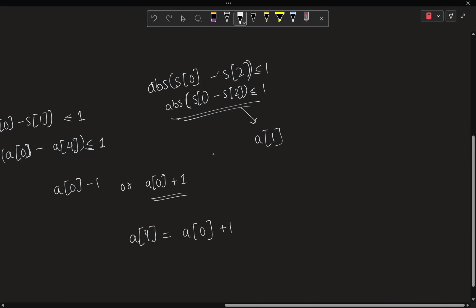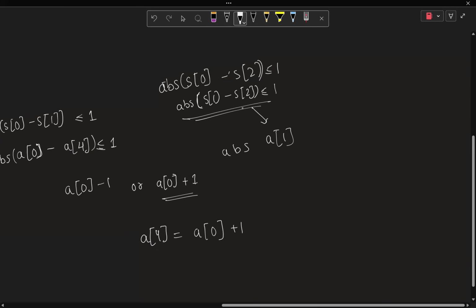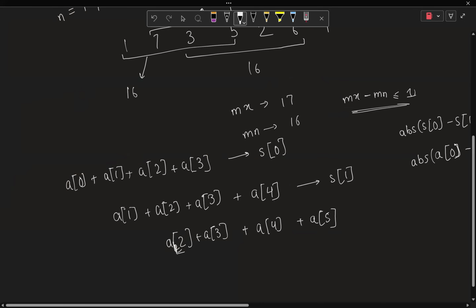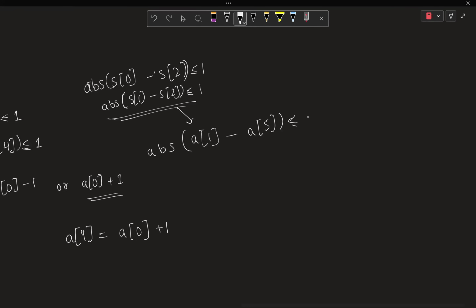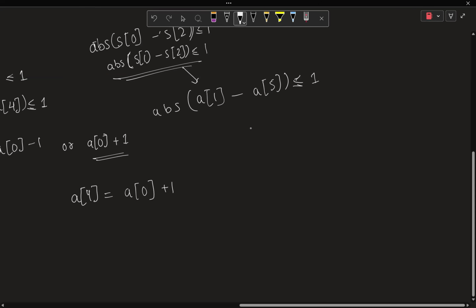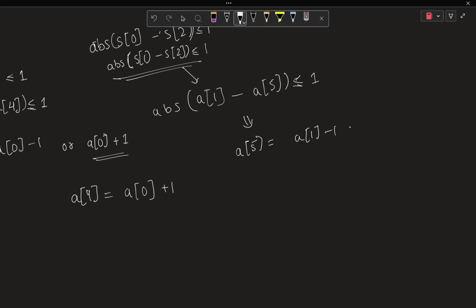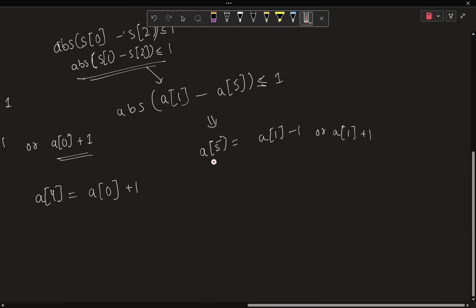On solving the absolute value of S1 minus S2, you will see that three elements are equal. a1 and a5 are different. These are the only two different. So the absolute difference of a1 and a5 should also be less than or equal to 1. Since these cannot be equal, you will see that a5 must be equal to either a1 minus 1 or a1 plus 1. And now you can notice that if I had taken a4 as greater, like a0 plus 1, then a5 must have been a1 minus 1.